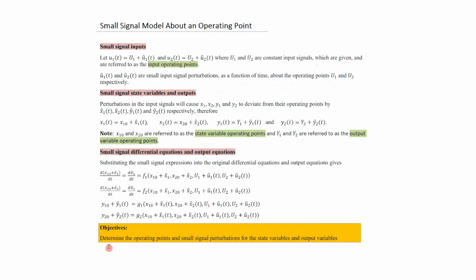So the objective is to determine the operating points and small signal perturbations for the state variables and output variables. Input variables are a given, so we don't have to do anything there, but we need to determine the operating points for the state variables as well as the output variables before we can look at the small signal behavior.